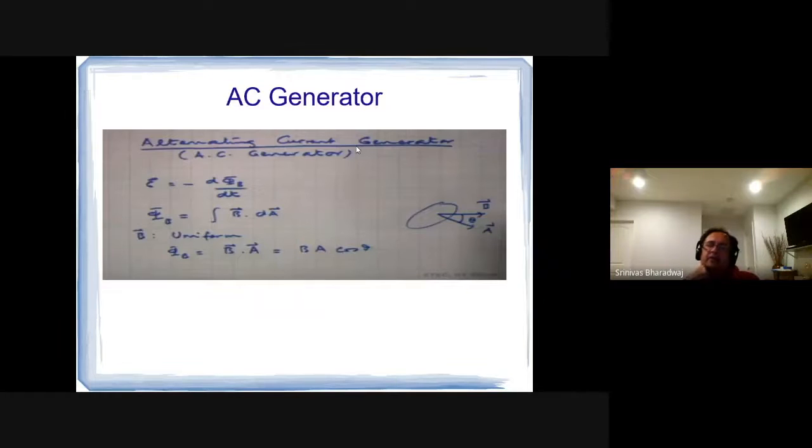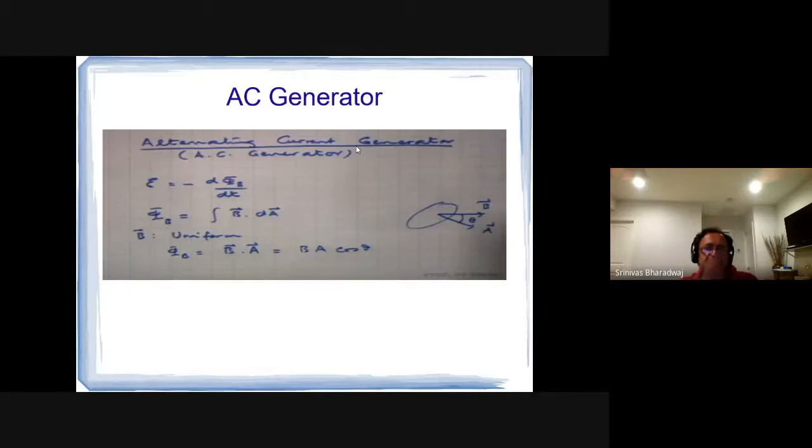If you keep it rotating at a fixed rate, you have a corresponding d theta by dt, and you end up with this BA cos theta. d phi by dt will become BA sine theta d theta by dt. There is the minus also, and that minus and the derivative of cos theta, which is sine theta, will cancel. So it will be BA sine theta d theta by dt.